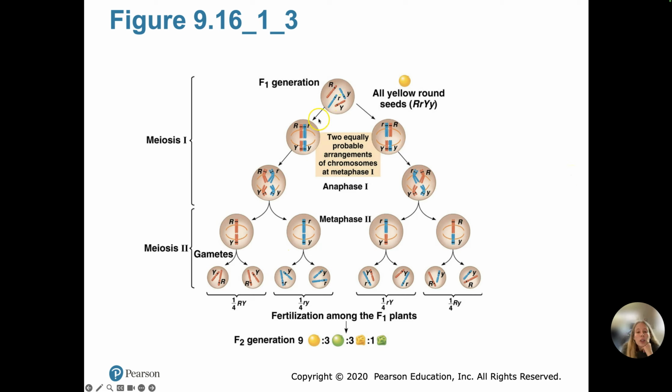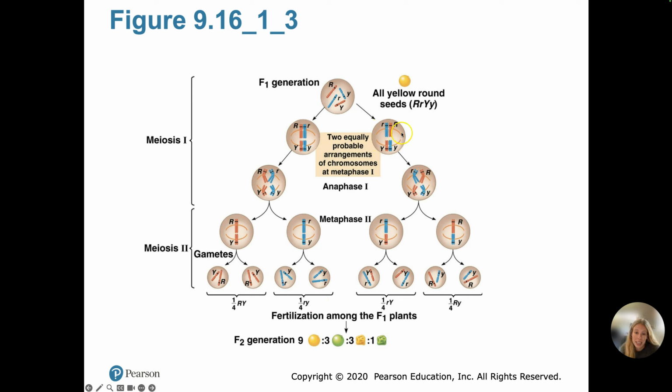So if the chromosomes orient this way at metaphase 1 with the reds on the left and the blues on the right, and then go through the remainder of meiosis 1 and meiosis 2, we'll end up with 2 gametes that are capital R, capital Y, and then 2 gametes that are lowercase y, lowercase r.